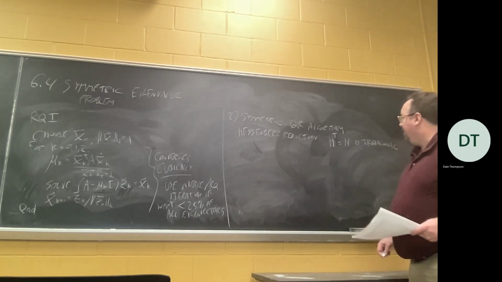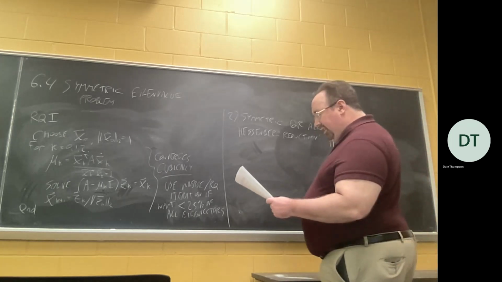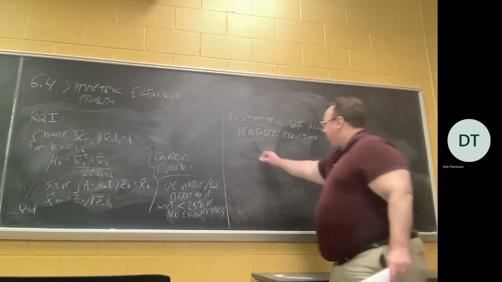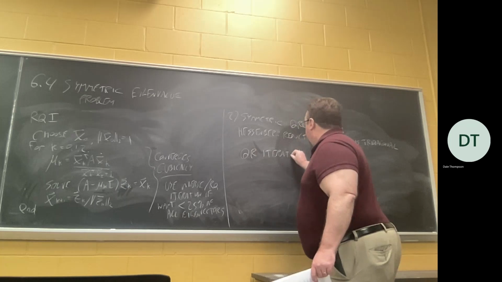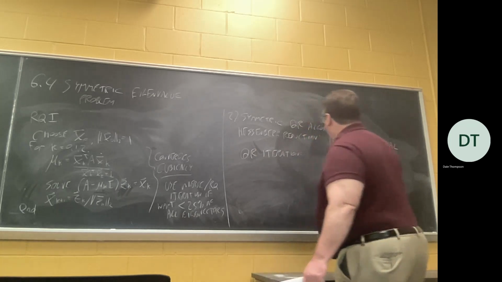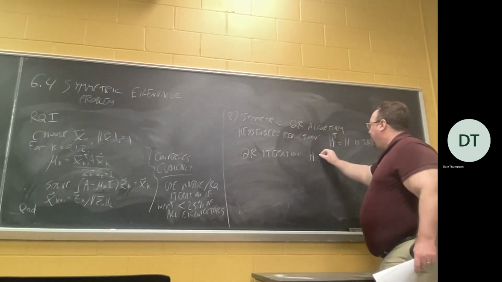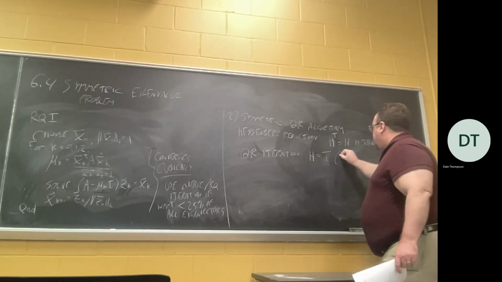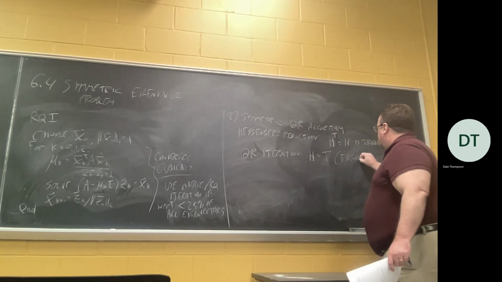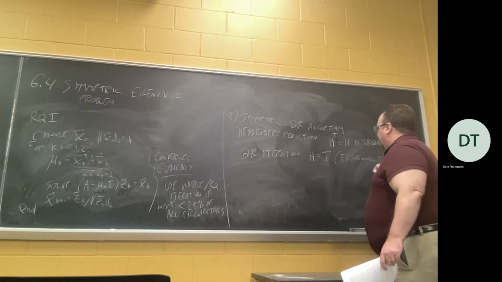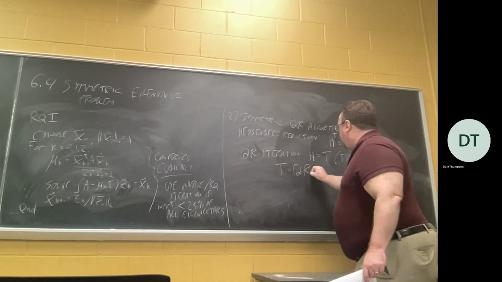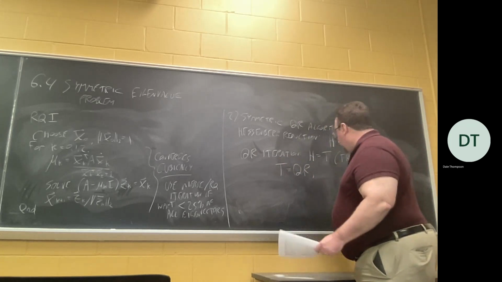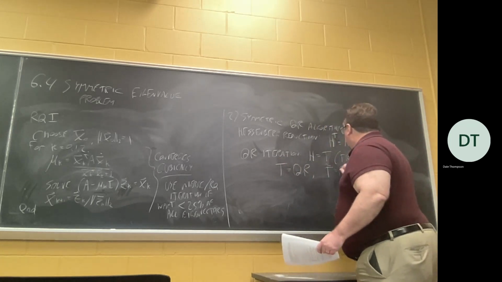So what happens is, if we take a look at the QR iteration part of this, I'm not going to refer to H as T, because T is tridiagonal. So T is equal to QR, and then T tilde is equal to RQ.